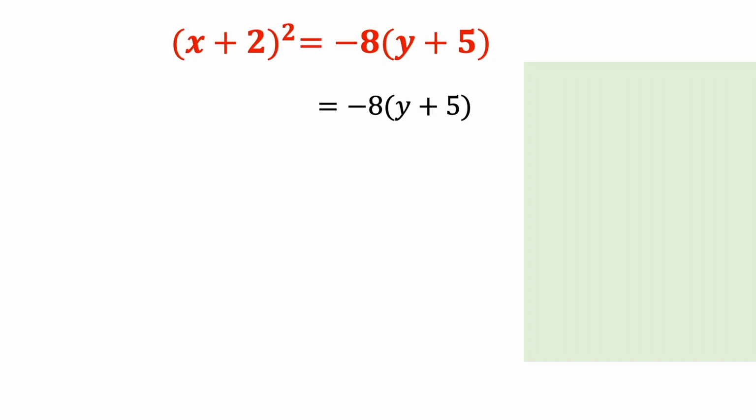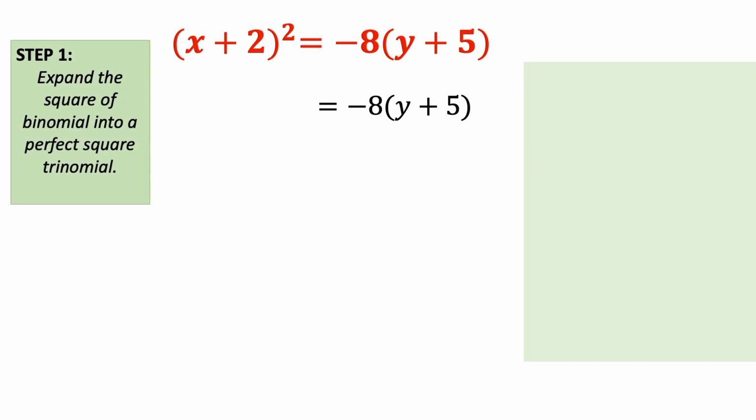The first thing we will do is to expand the square of a binomial in the left side of the equation. We also have learned how to do this in our previous video.